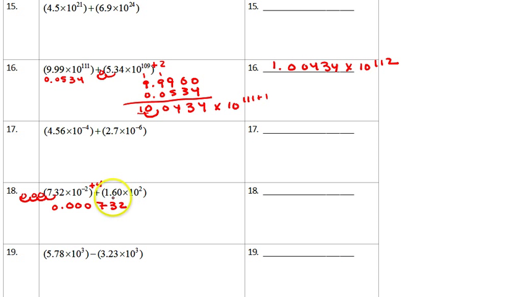And I'm going to add that to this decimal, 1.60. I'm going to add my zeros in. And I get 1.600732. This still fits the criteria. So 1.600732 times 10 to the second would be my solution.